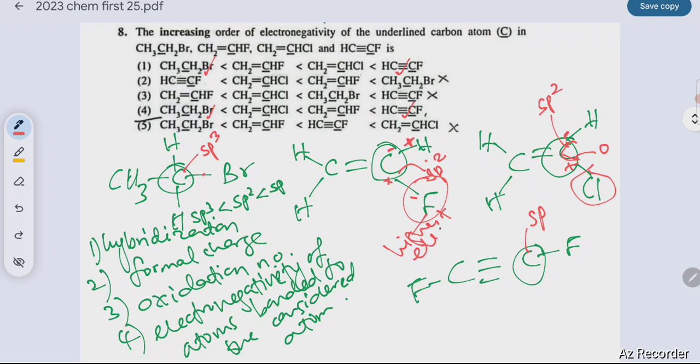So we can say that this one has the next highest electronegativity because both of these are sp2 hybridized. And sp2 hybridized should be higher than sp3. So out of these two, CH2F should have the higher electronegativity, right? So the answer is 4. Answer is 4 for the 8th question.